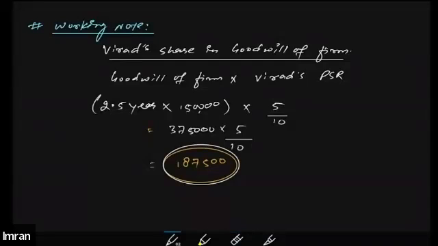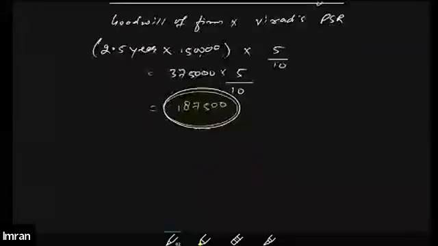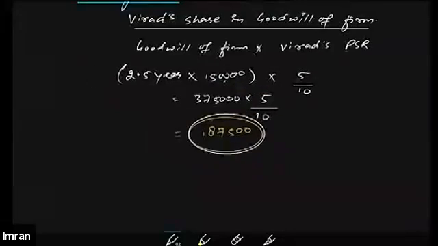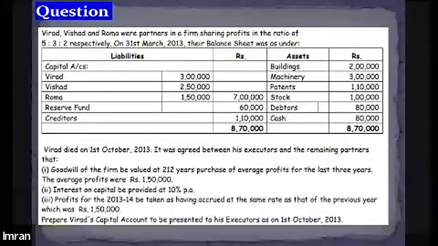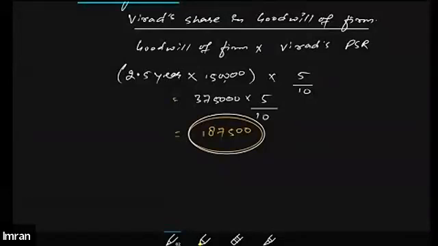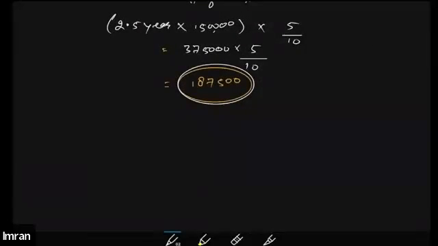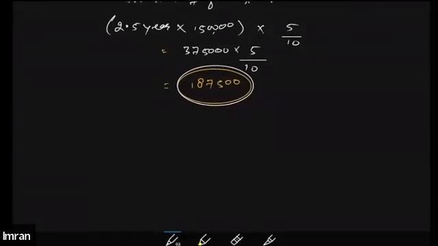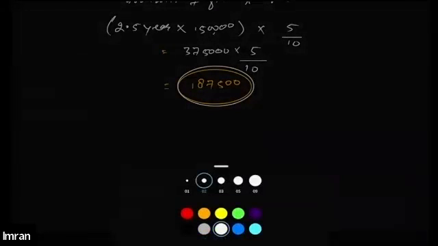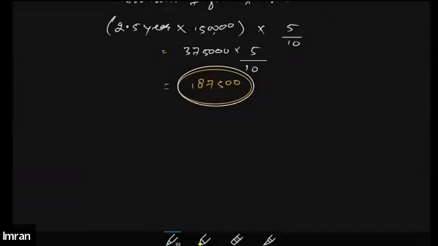Okay. So this is Virat's share in goodwill of the firm. Now, since Virat died on 1st October 2013, that means Virat's legal representative needs to be compensated by 1,87,500 as a share in the goodwill of the firm. Now the thing is, who is going to contribute this amount?